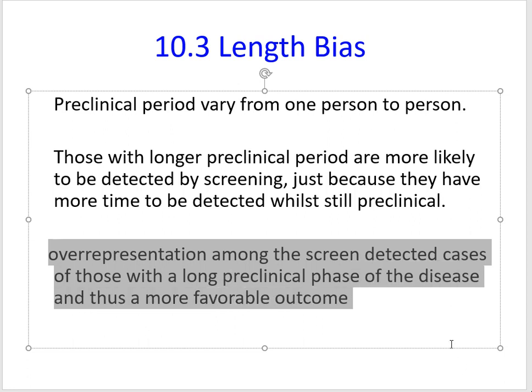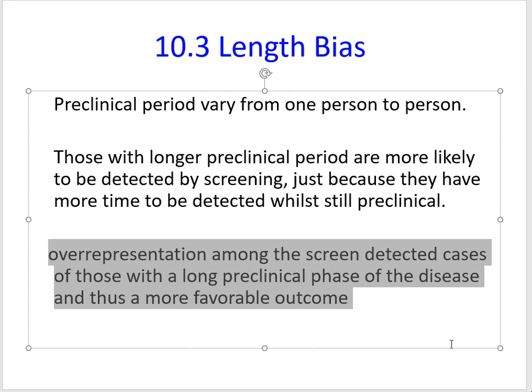So let me explain that sentence. Since those that have a longer preclinical period have a higher chance of being screened than those with a shorter one, then if we categorize people who eventually get the disease into short preclinical and long preclinical, the screening test obviously has an overrepresentation of the long preclinical compared to the short preclinical.